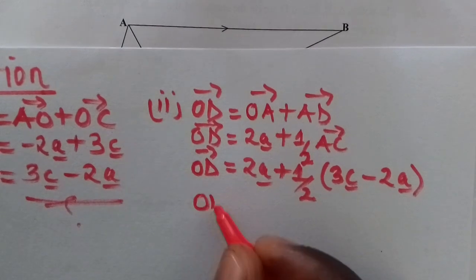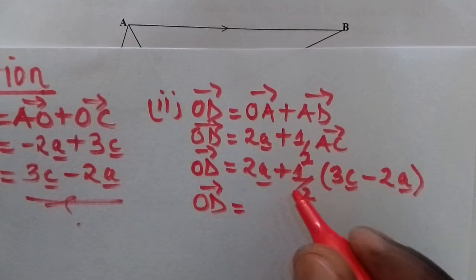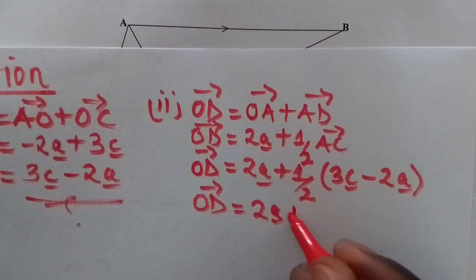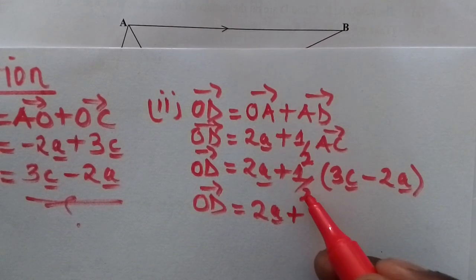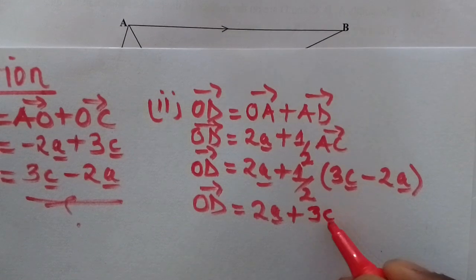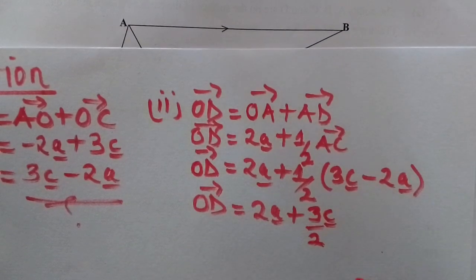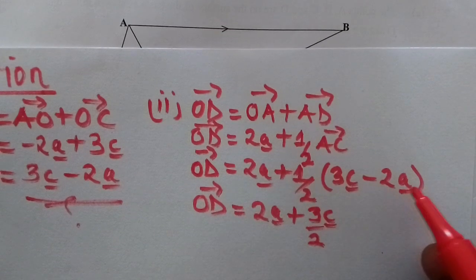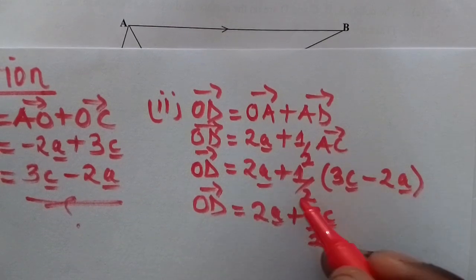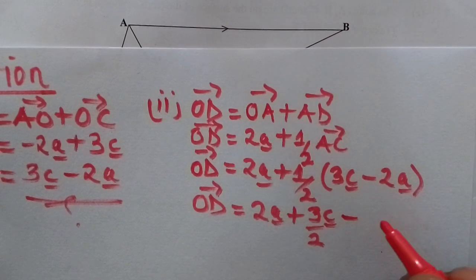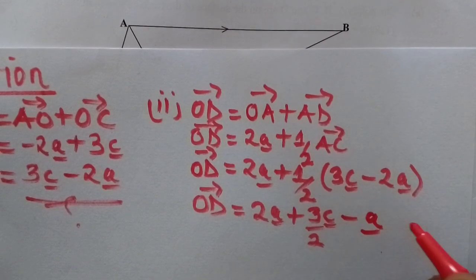OD vector is equal to 2a vector, then plus, what is 1 over 2 times 3c? This gives 3c vector over 2. Then 1 over 2 times negative 2a vector. So 2 and 2 will simplify, just giving us negative a vector.